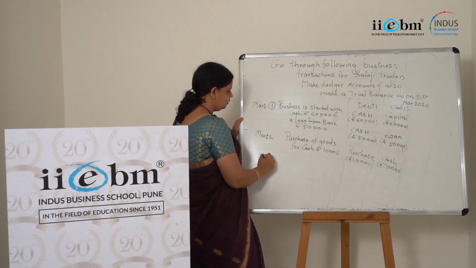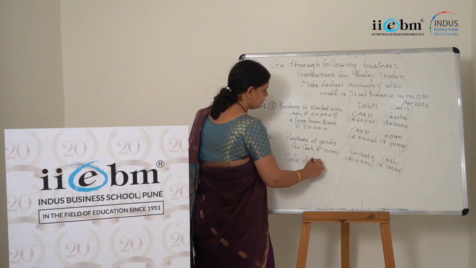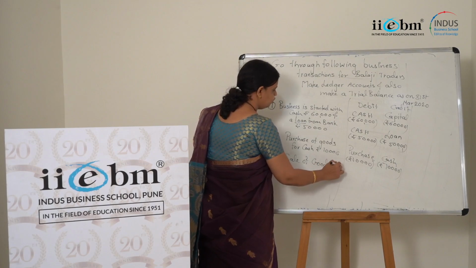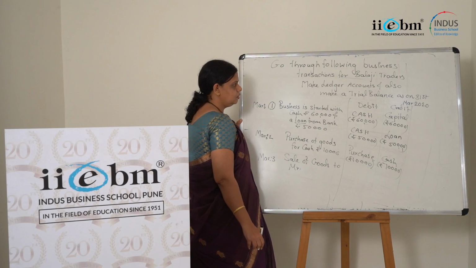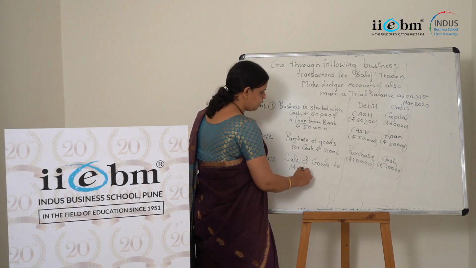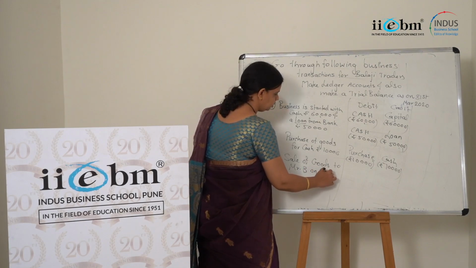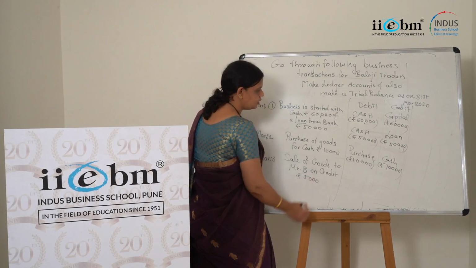March 3, sale of goods to Mr. B on credit rupees 5,000, right?